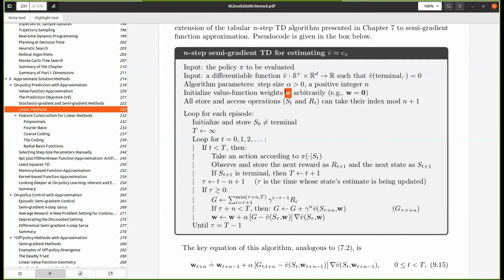Yeah, and the weights you can initialize randomly, or here they say we initialize them equal to 0, right? So in the case of a linear function, we don't have this initialization problem as in neural networks. We can just initialize all weights to 0 and still converge.